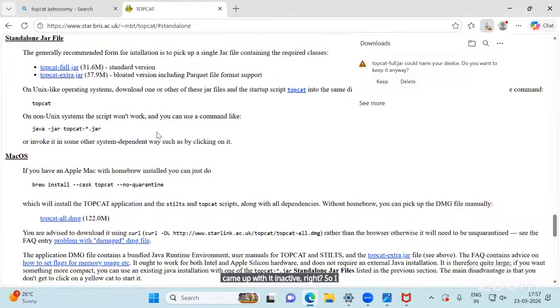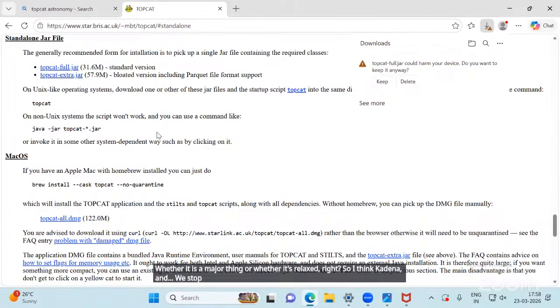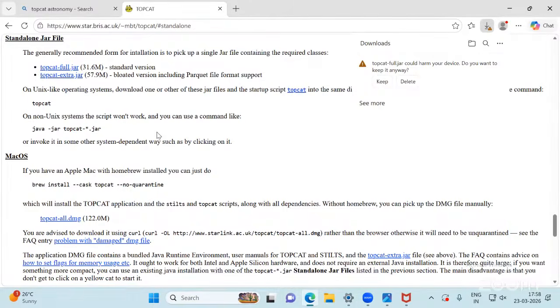So I think for today you have had enough, and we stop for today. You download DS9, download TopCat, play around with TopCat, and tomorrow we'll do Aladin.